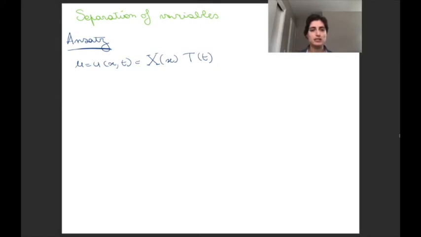We have used this sort of separation of variables ansatz earlier on for ODEs, but here we really can think of x and t as being different variables. They're really an indication of two different directions that you're solving for. Either way, we take u(x,t) as a product of a function of x and a function of t.